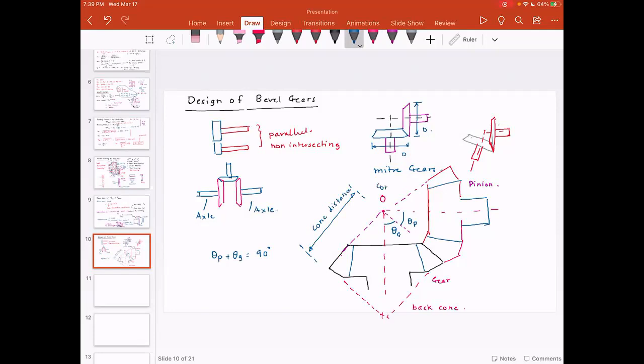This is the cone distance. This is the cone center. Then this is the diameter of the pinion, and this is the diameter of the gear.